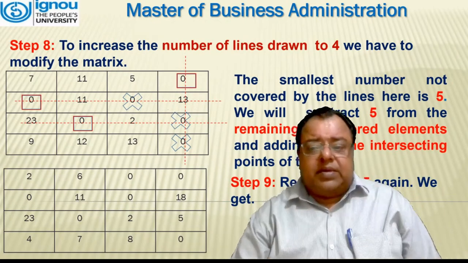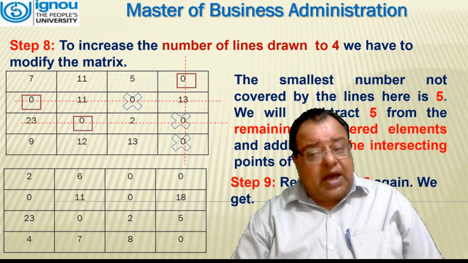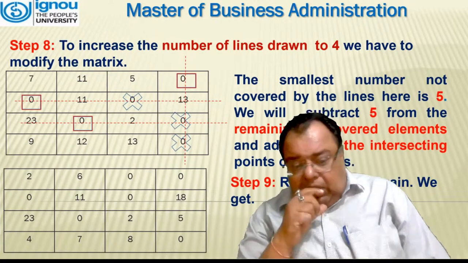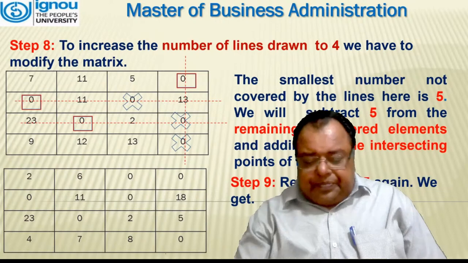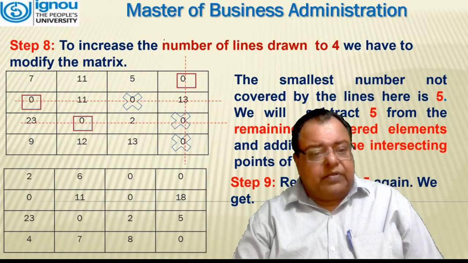The smallest number not covered by the lines here is 5. We will subtract 5 from the remaining uncovered elements and add 5 to the intersecting points of the lines. So we can see over here in column 3, 5 will be subtracted.